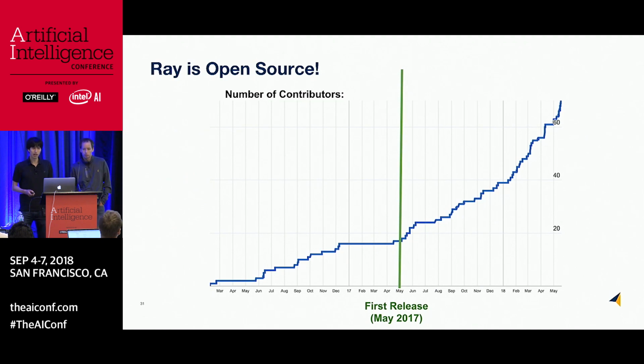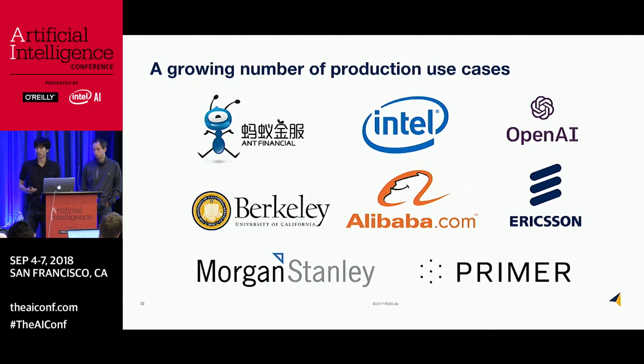And so we've had a growing number of contributors. We had our first release over a year ago, and since then there have been more and more people at companies starting to use it and develop it. We also have a growing number of industrial use cases, both in research institutions like Berkeley and OpenAI, as well as organizations of all sizes. In fact, Ant Financial has been one of the most active developers.